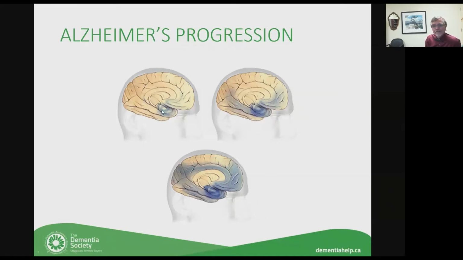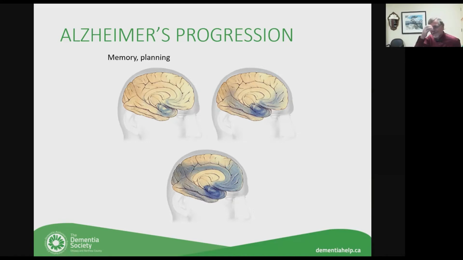So the first areas impacted are the temporal lobe, the inside, the hippocampus. So we do start having difficulty with memory. And you see there's a little bit of change right here beside, but this is the frontal lobe. So we have a little bit of difficulty with planning, executive functioning.